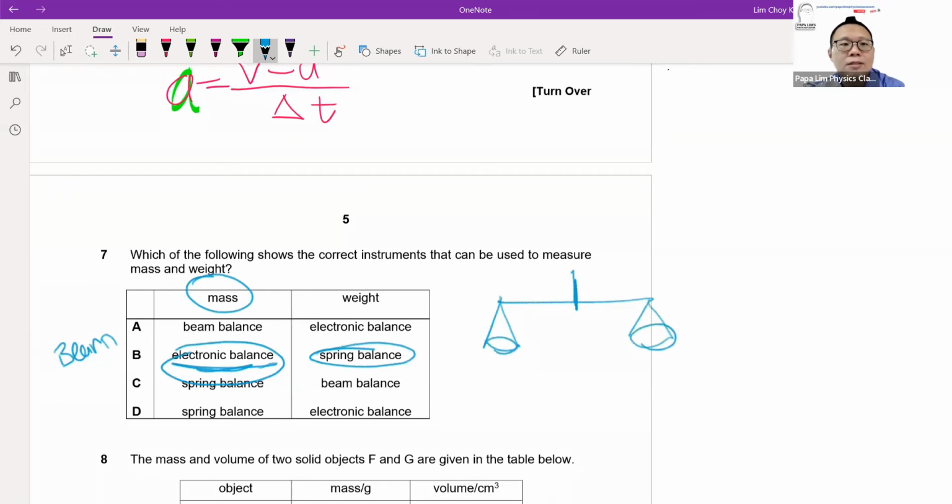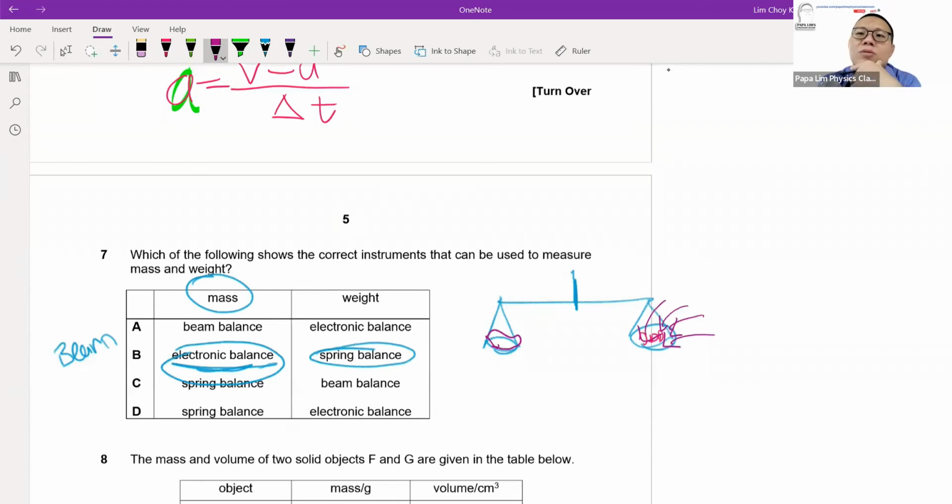There will be a standard mass placed on one side, and the object you want to weigh on the other. Once the beam is balanced, I will know how heavy the unknown object is. That's what we mean by a beam balance.